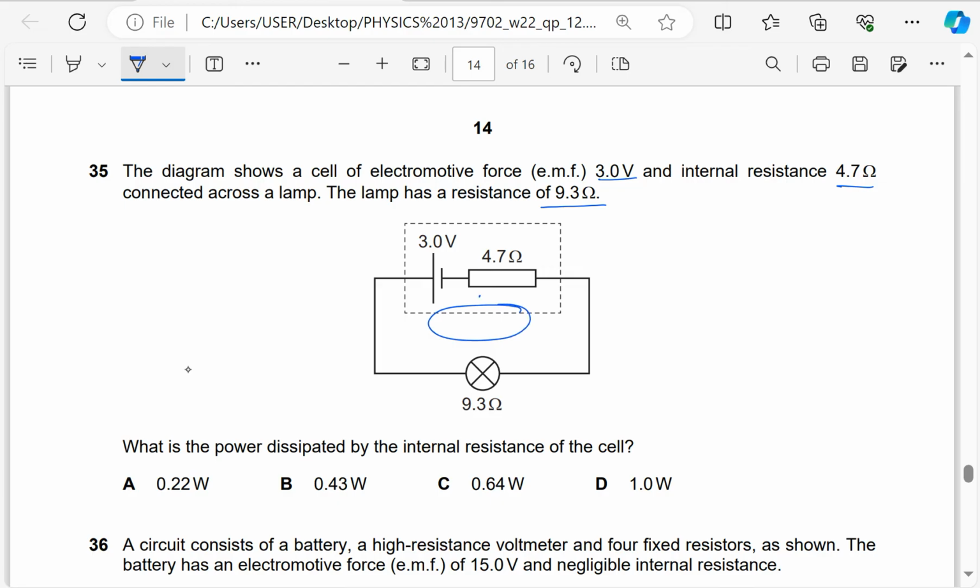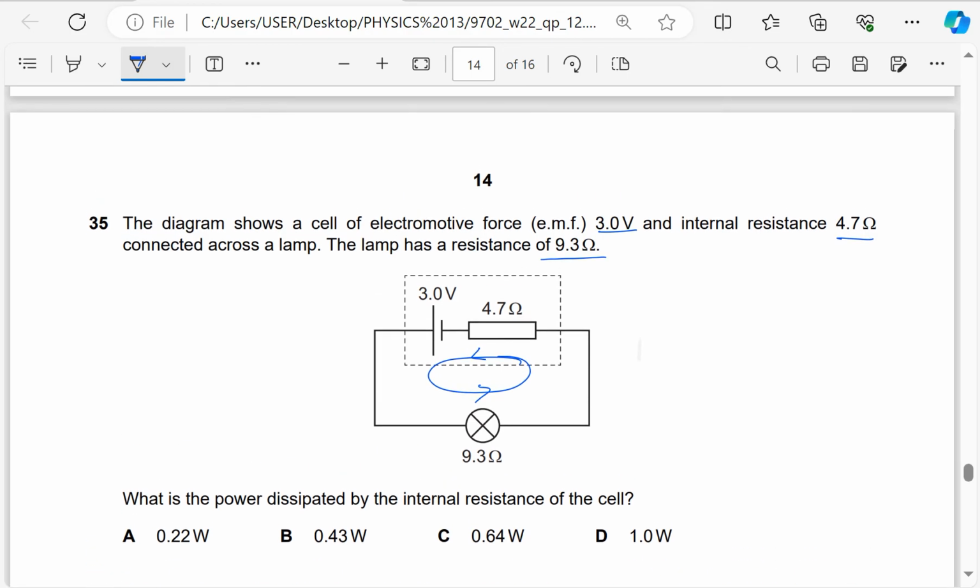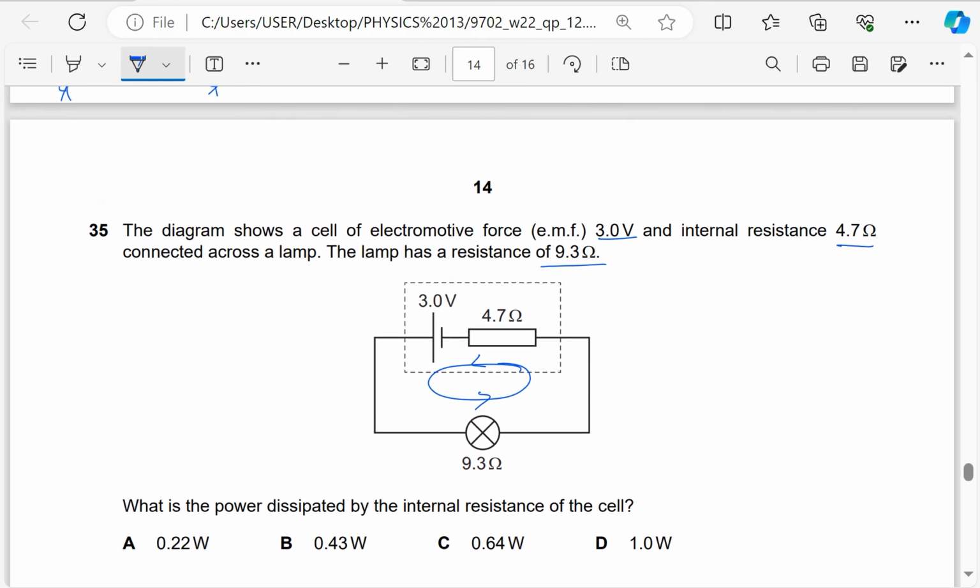I'll put in a loop. If I use Kirchhoff's second law, the EMF is 3.0 volts equals the current, let's say the current is I, times the total resistance, which is going to be 9.3 plus 4.7. So it means I is going to be 3 divided by, I think this is 14.